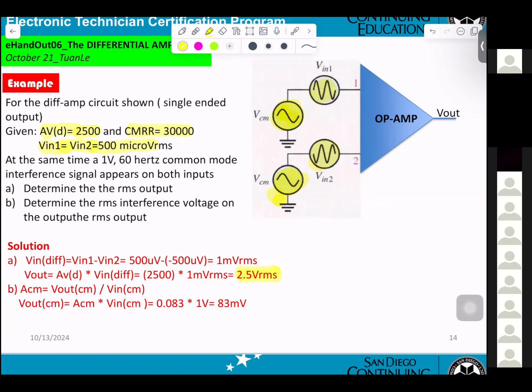V out CM equals ACM times V in CM, which is 0.083 times 1 volt. How come you get 0.083?